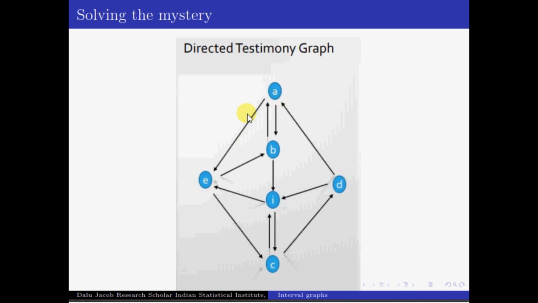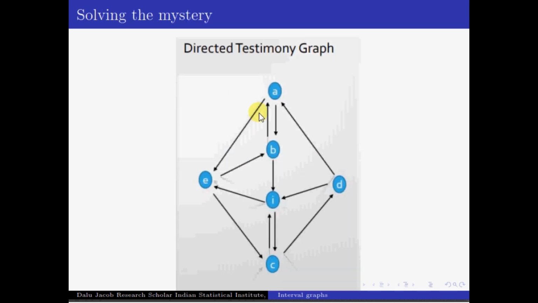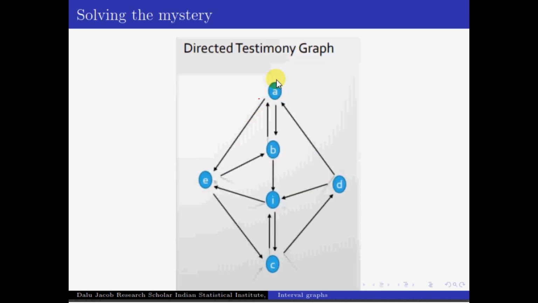The testimony graph is created in such a way that we know that AB has seen Bert and Eddie, right? AB has told that he has seen Bert and Eddie. So from A I will draw an edge directed to E and B.